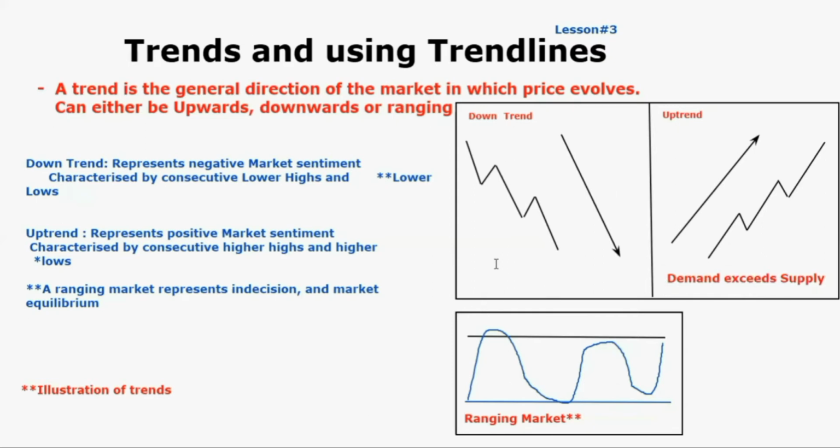In a downtrend, supply exceeds demand. In a ranging market, where the market is in equilibrium, supply equals demand. So yeah, that's what you need to know.